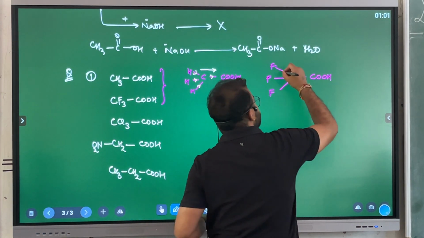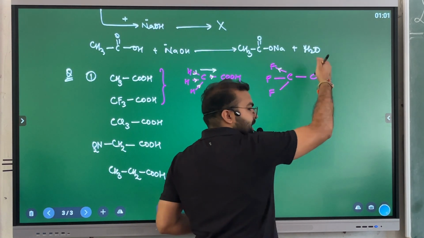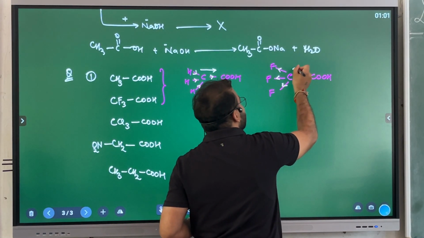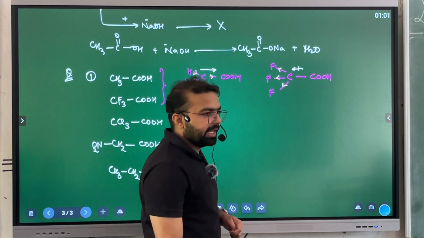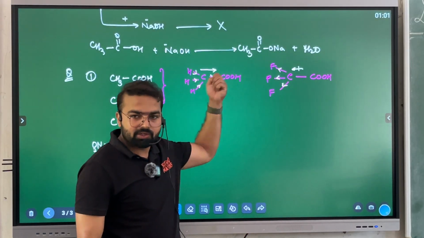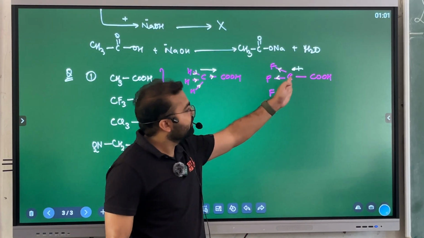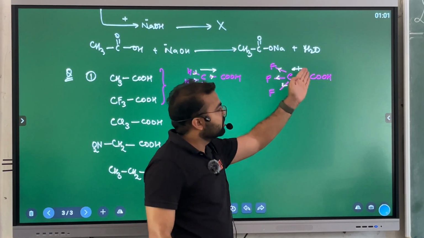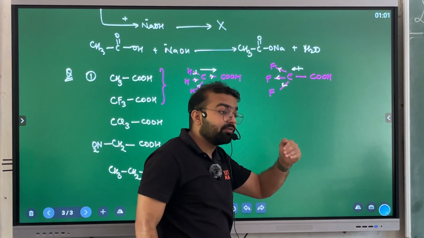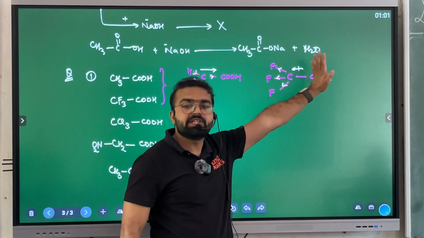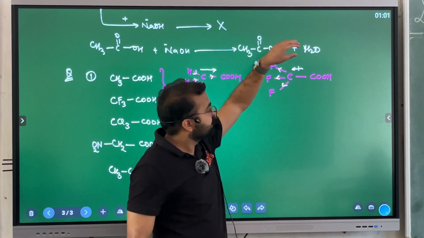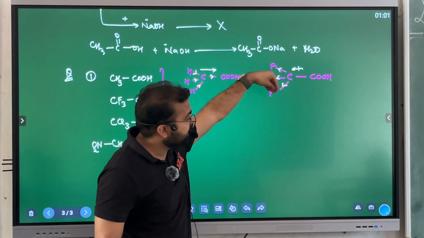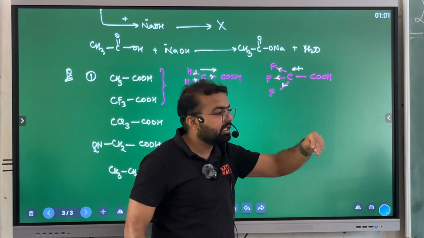Here fluorine is an electron withdrawing group, more electronegative than carbon also, so the flow of electron will ultimately be toward fluorine. If fluorine takes the electron direction, it is away from the carboxylic acid. If it is away from the carboxylic acid, the carboxylic acid will have to release H plus to be stabilized. This means the fluorine group is making the carboxylic acid release H plus.